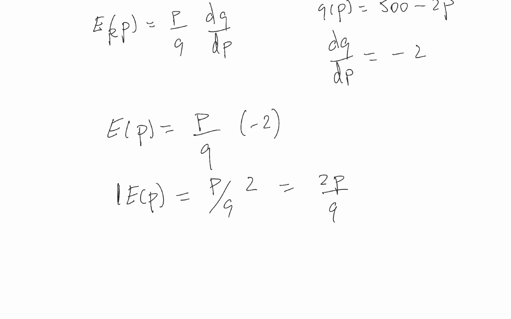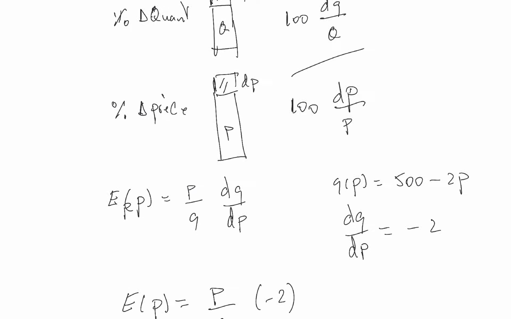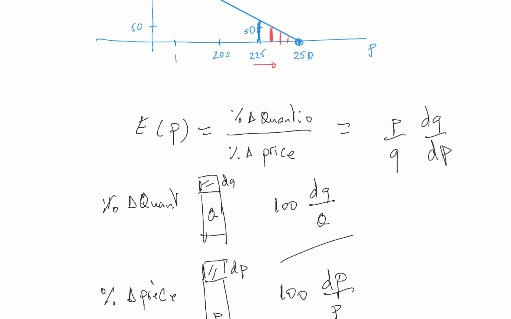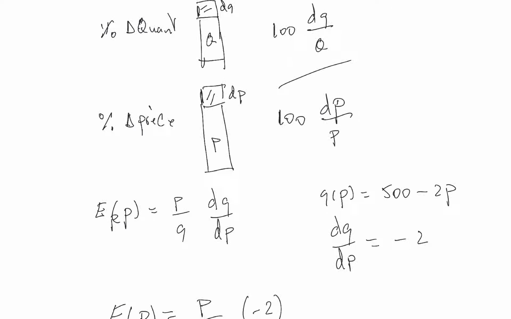What is the elasticity when the price P is, for example, 225? When the price P is 225, Q is 50.